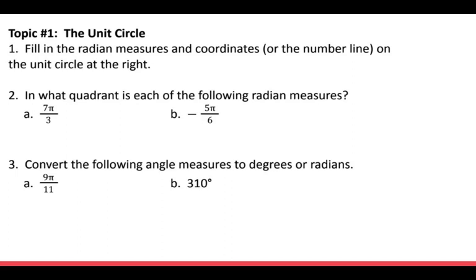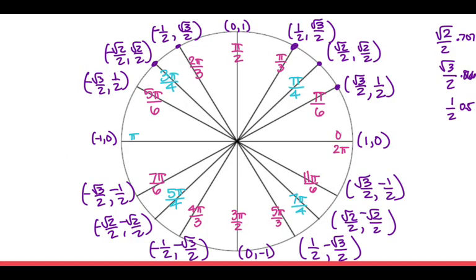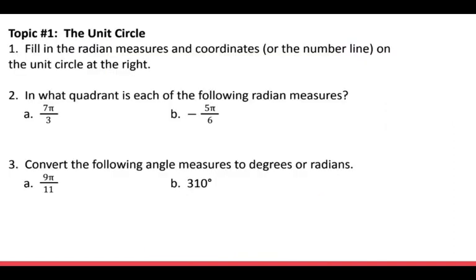Number 2 asks, what quadrant is each of the following radian measures? 7 pi over 3. If I go back to my unit circle, I do not see a 7 pi over 3 on the unit circle. So what that means is I need to either add 2 pi or subtract 2 pi. Since it's bigger than what's on the unit circle, I'm going to go ahead and subtract 2 pi.